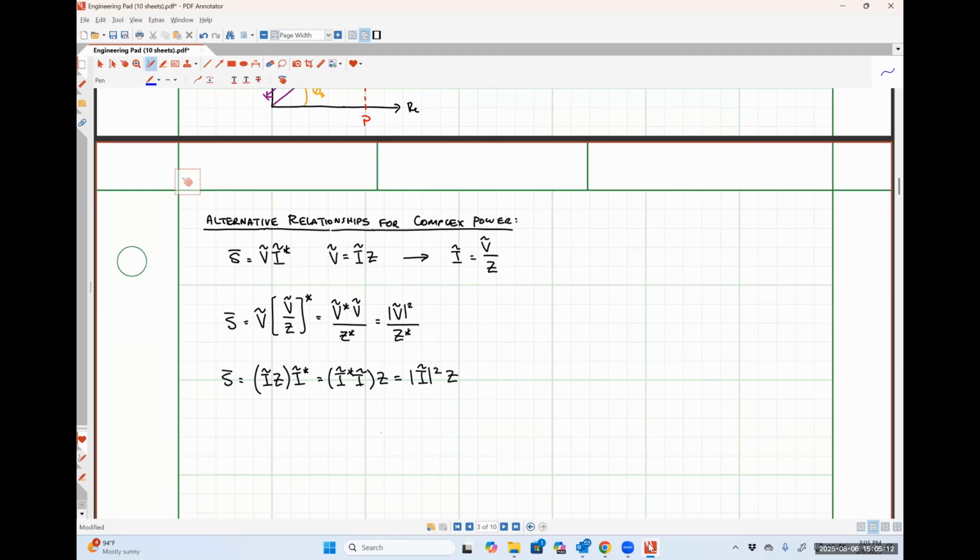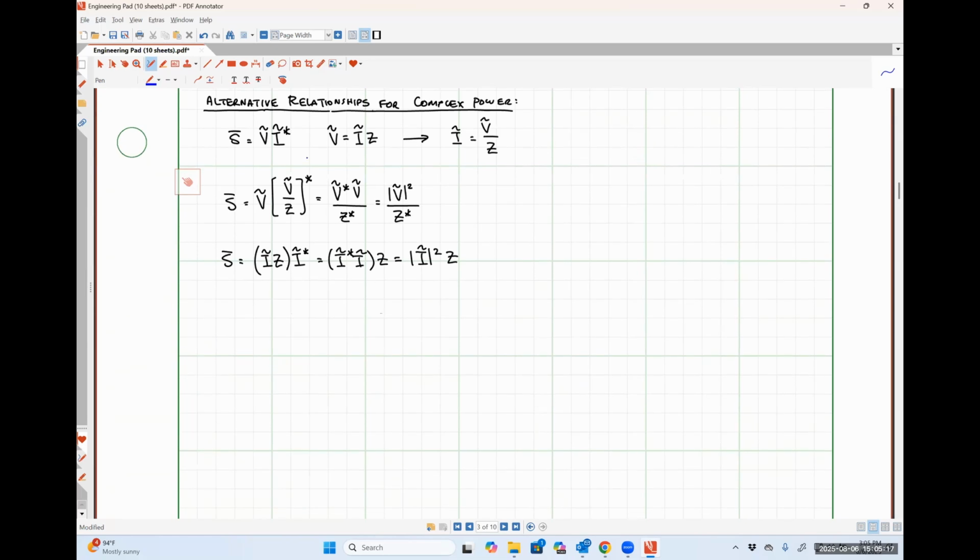Okay, so now we're going to talk about power factor. So mathematically, our power factor is simply the ratio of our average power to our apparent power.